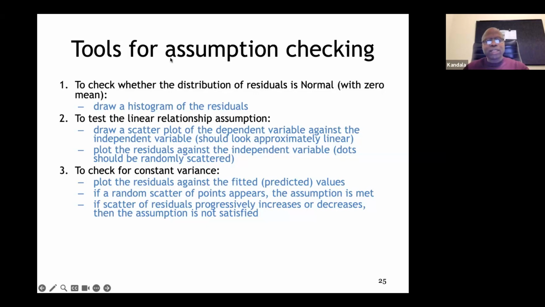Yeah, thank you. But I will also extend that to not only exploratory data analysis, but also the very end, when you fit your regression analysis. After you fit this, you are in a position to explore these assumptions.